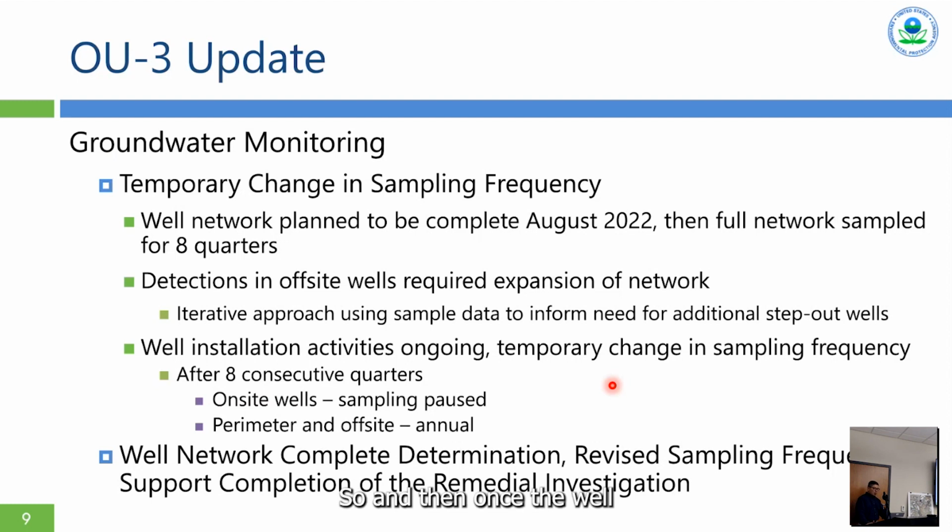Once the well network is complete, once all those proposed locations and any other locations that are identified as we get more data, once that network is done, we will sit down and relook at the sampling frequency and make adjustments accordingly for the rest of the remedial investigation and feasibility study process.